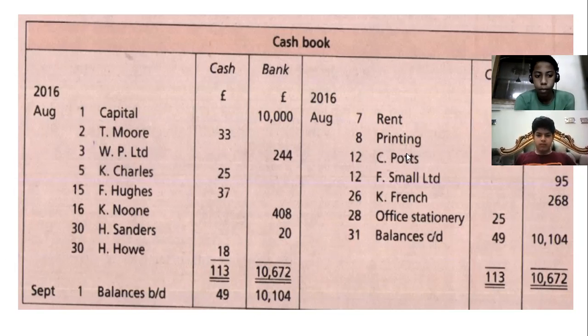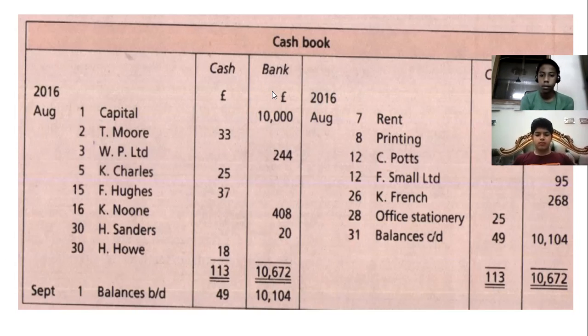Actually, when you have a cash account and bank account separately, you have to see two different accounts to find out how much cash you had on hand and how much cash you have at the bank. But if you are preparing a cash book, that means both cash and bank account you can see at the same place. So that's why we prepare the cash book.